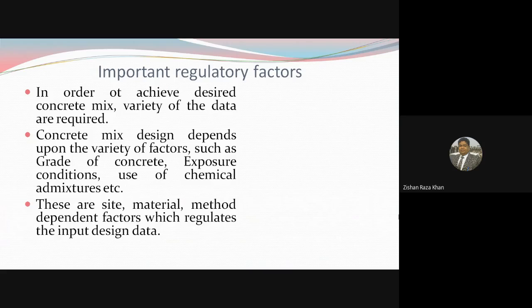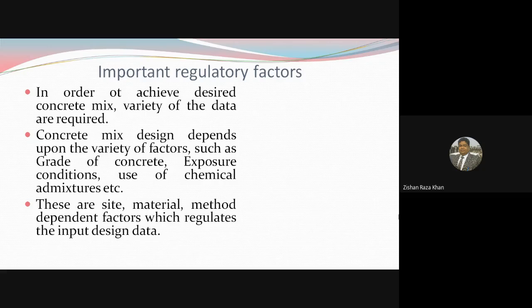In order to achieve the desired concrete mix, a variety of data are required because strength of concrete depends on various factors in which concrete is being made, transported, placed, and cured also. So it is not only the mix design ratio that is governing the strength, but also these conditions in which it is being made and utilized.